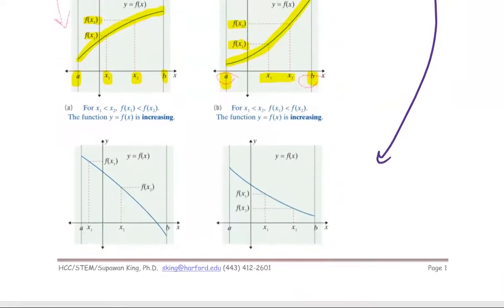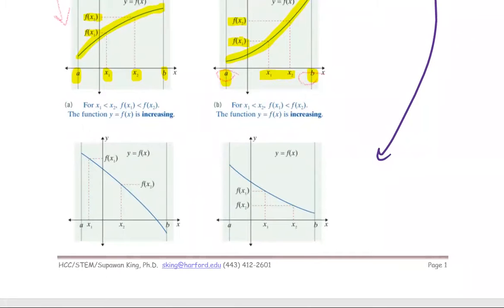Explained by the graph, interval (a,b), x1 less than x2, but the function value of x1 is greater than the function value of x2. If this is true for all x1, x2 within the open interval (a,b), then the graph of the function f of x is decreasing, which is similar to the graph on the right.